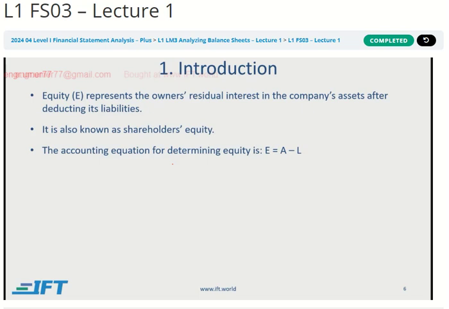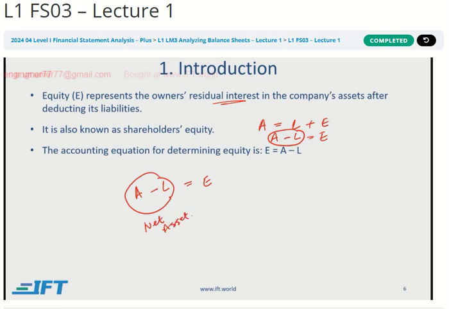And of course, your equity is the residual interest, which is your assets minus your liabilities. This is just your accounting equation, worked around a little bit, where we said assets is equal to liabilities plus equity. If you want to make equity the subject of the equation, all you have to do is take liability to the other side, and you have equity is equal to assets minus liabilities, which we also call net assets, net of liabilities.